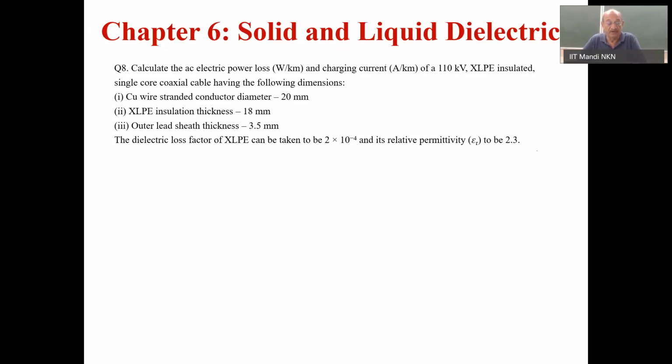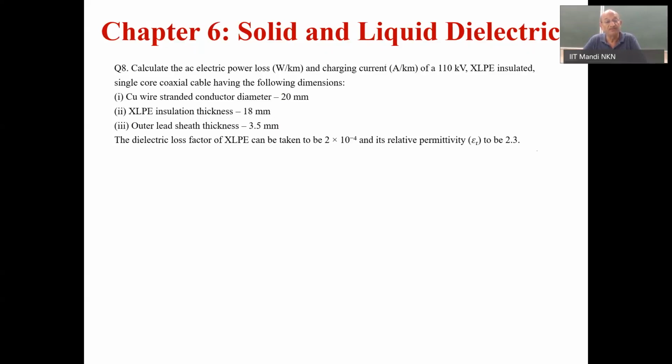In this example it is not given, so it makes it slightly simpler. The copper wire stranded conductor diameter is 20 millimeter, the diameter, mind it, and the XLPE insulation thickness, that will be Ro minus Ri, or d, is 18 millimeter.